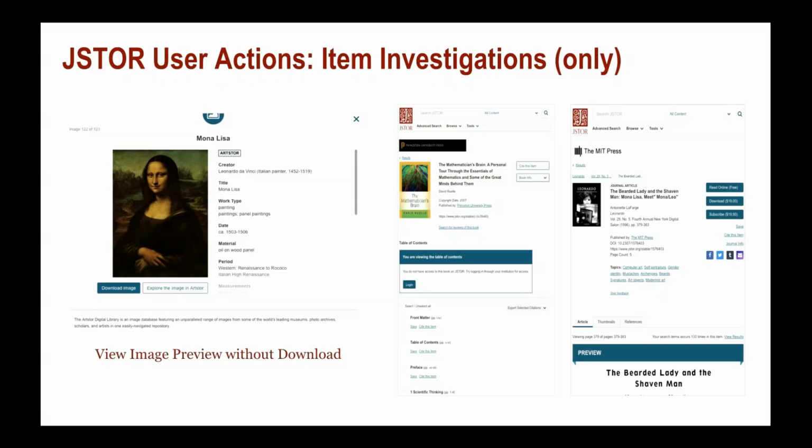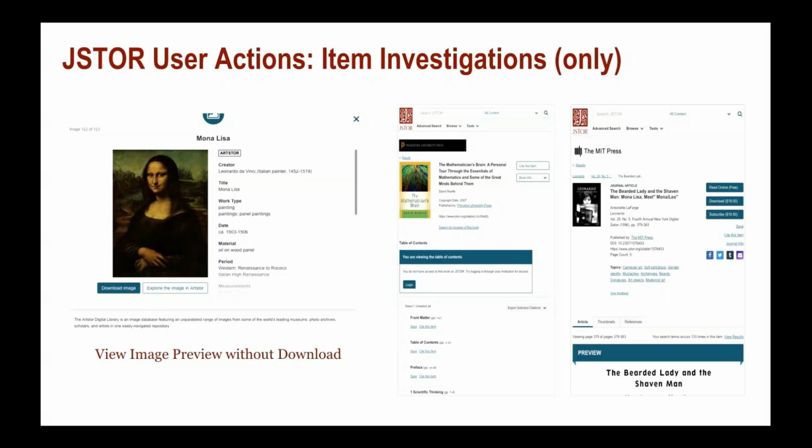On the right side, you've got the two scenarios where a user at an institution is coming to an article or book chapter, just as two examples of text content, but does not have a license for this. And so because in this scenario we present an abstract or preview of the document, in terms of the book, we've got the table of contents that gives summaries of each chapter.